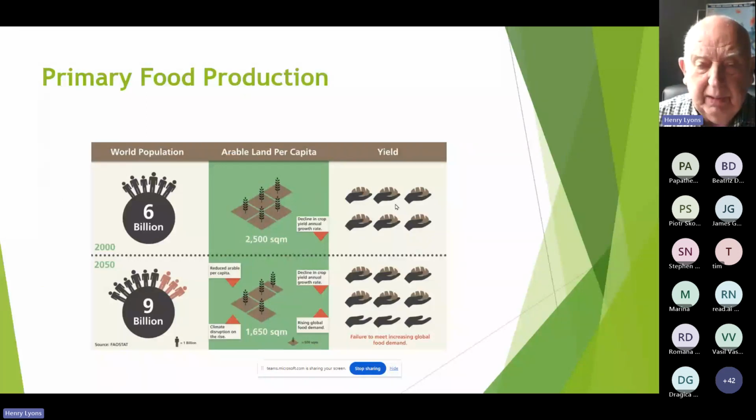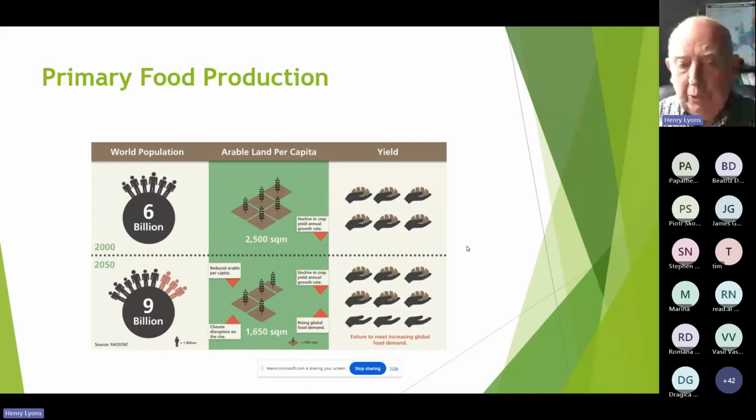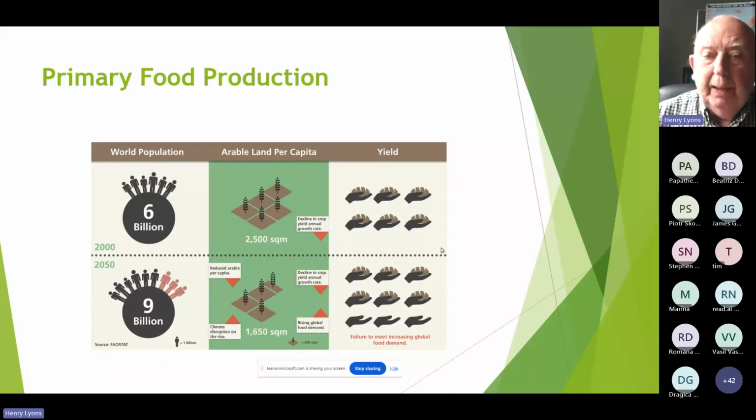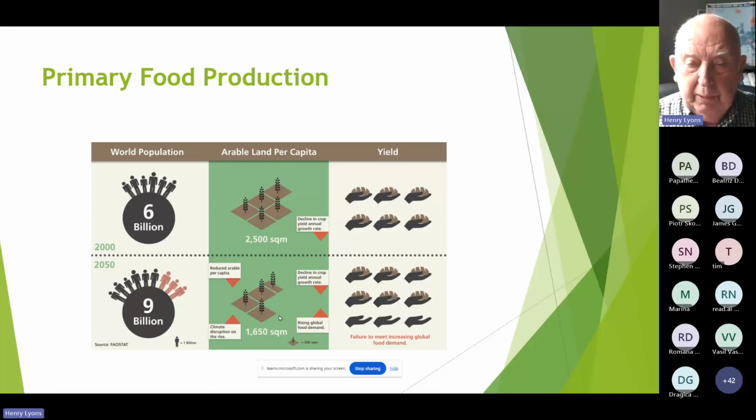Look at this one. You see the current world population. It's gone beyond 6 billion now. By 2050, it should be up to around 9 billion. And the consequence of that for arable land is that, whereas at the moment we have 2,500 square meters per person, that's going to change down to 1,650, because of increased population and climate change.